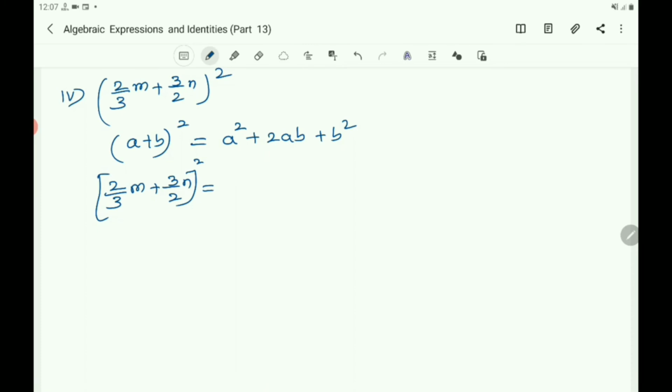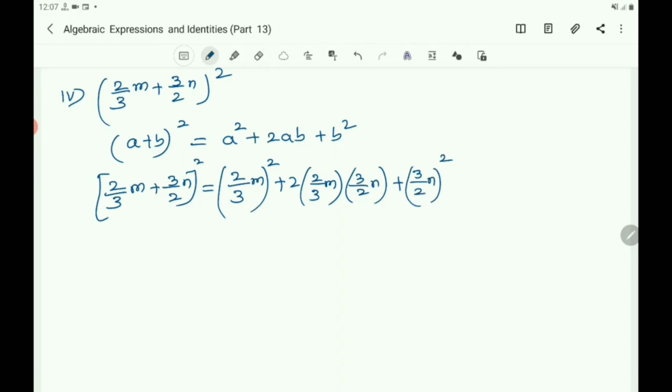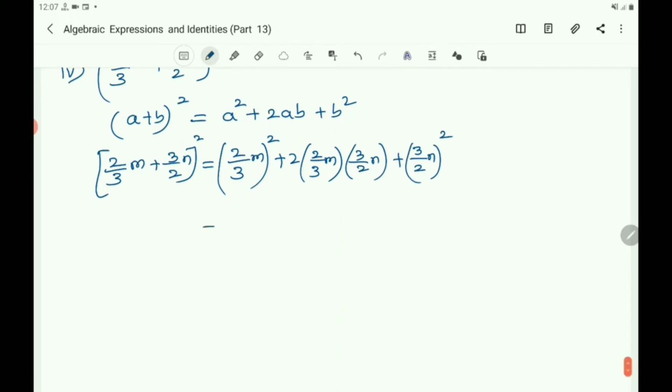A square is the square of the first term, 2 by 3m whole square, plus 2 into a, which is 2 by 3m, b is 3 by 2 n, plus b square, which is 3 by 2 n whole square. 2 by 3m whole square is 2 by 3 whole square, which is 4 by 9 m square.